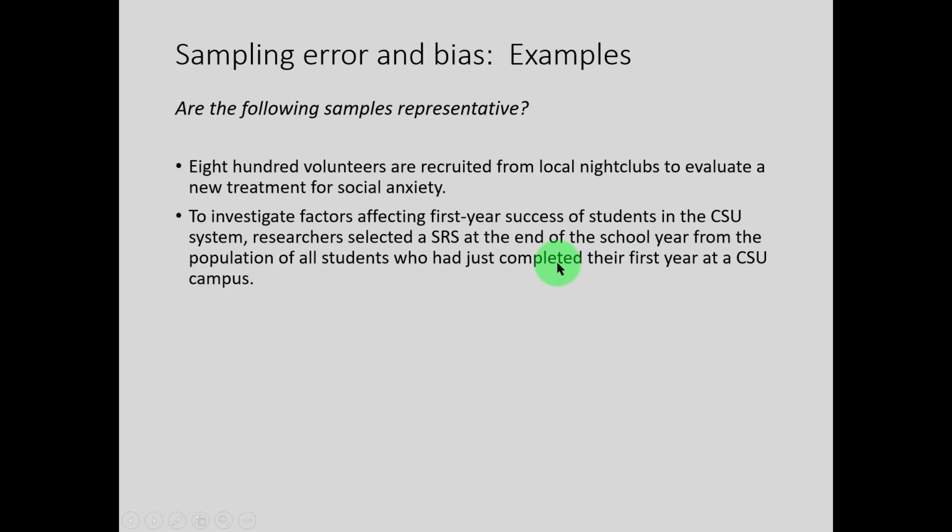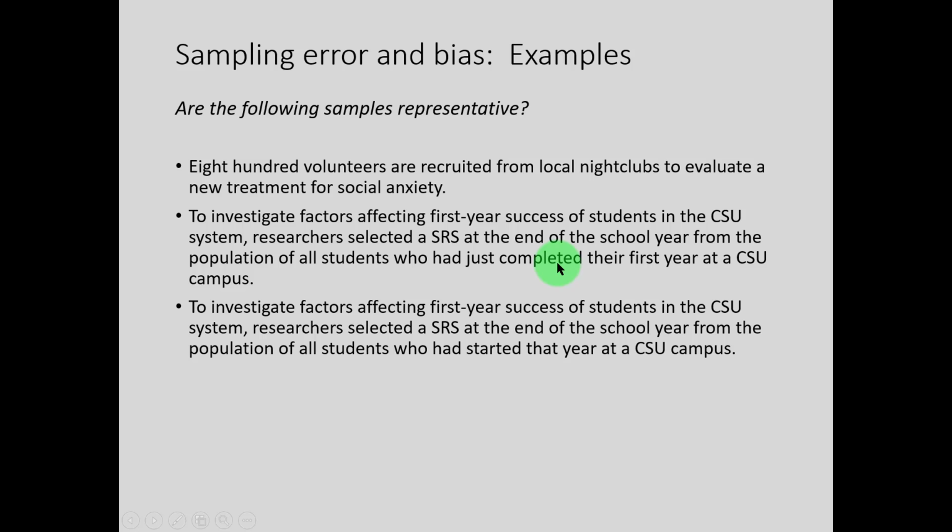Okay, so let's contrast that with this next scenario, which looks very similar but is slightly different. We're going to investigate the factors affecting first year success. This is the same, from the population of students who had started that year at a CSU campus.